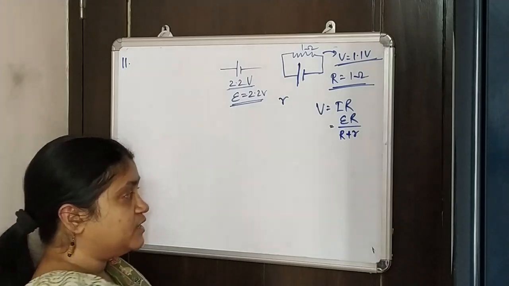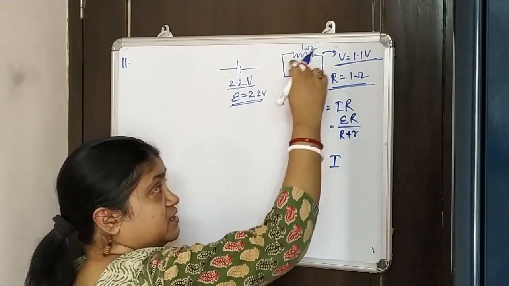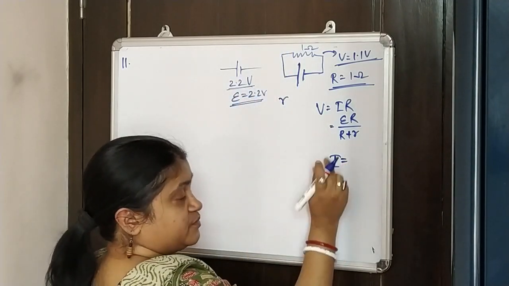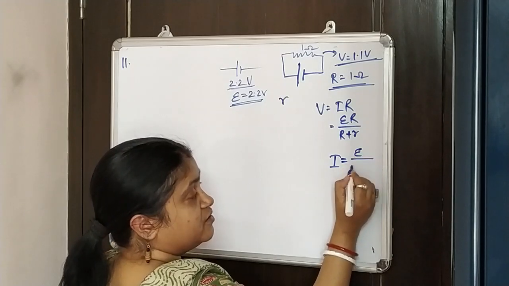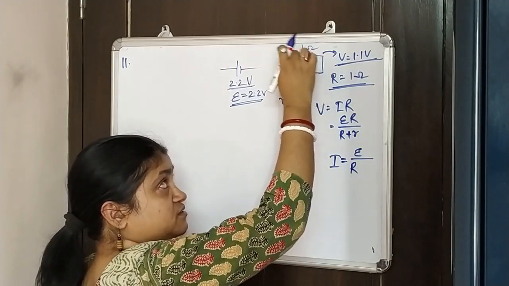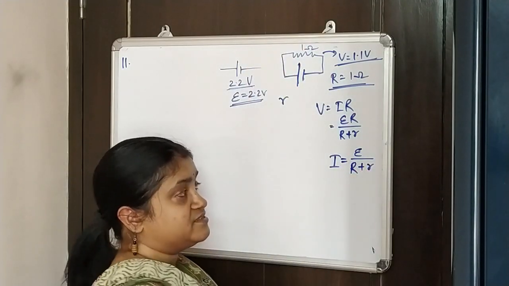So as we know, the current through the circuit for the cell, in that expression, I is the EMF of the cell divided by the outer resistance plus the internal resistance.